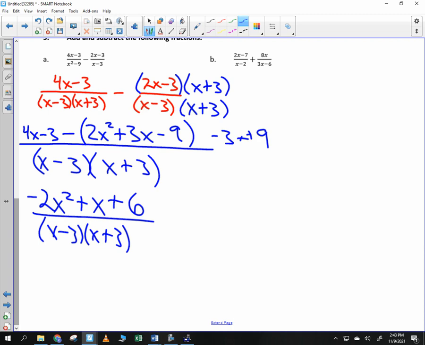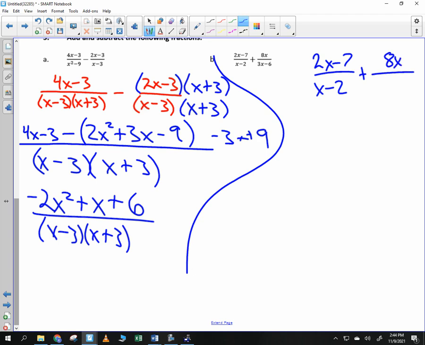Last example. What should I do first before I start multiplying? Like your idea. Awesome, great idea. We're going to factor out the 3. So I have 3 times x minus 2. So what does the left side need that the right side already has? A 3.